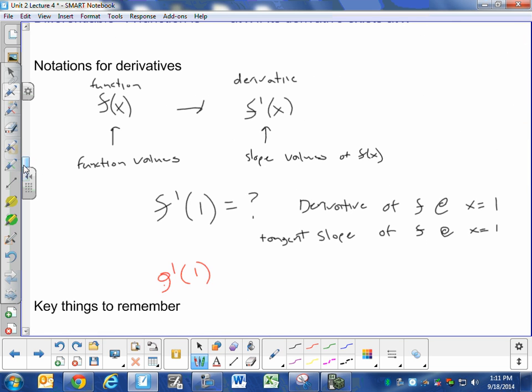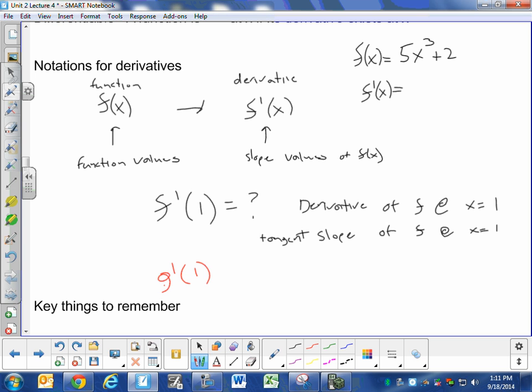Now, let's remember this. Notation for derivatives. We have a function and its derivative. A function can look like this. A derivative does not necessarily have to be just values or a graph.